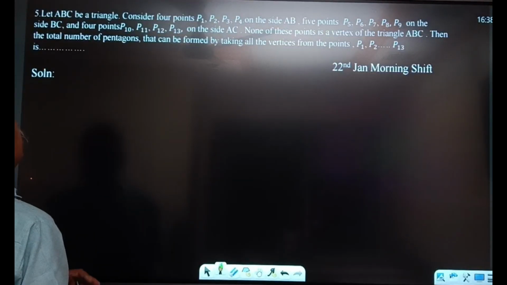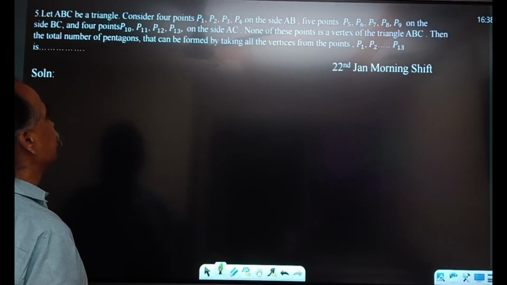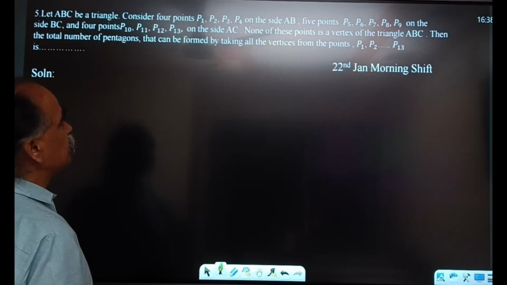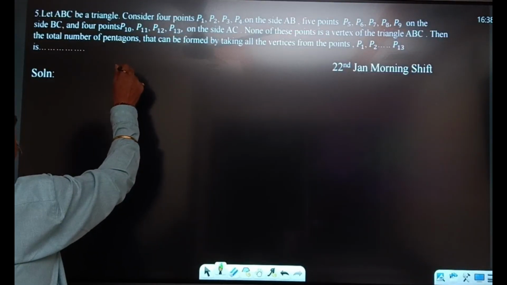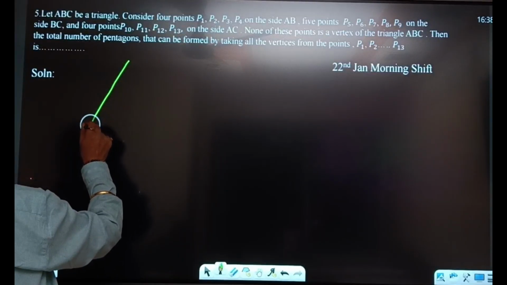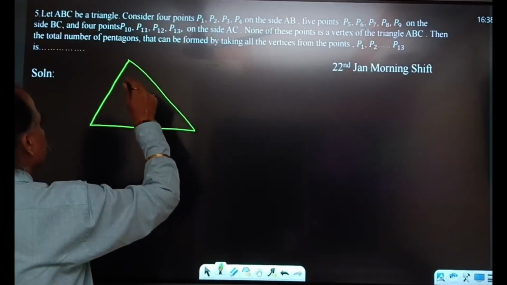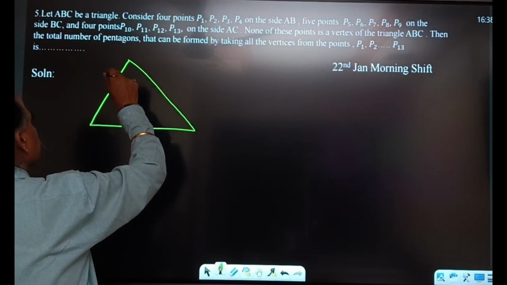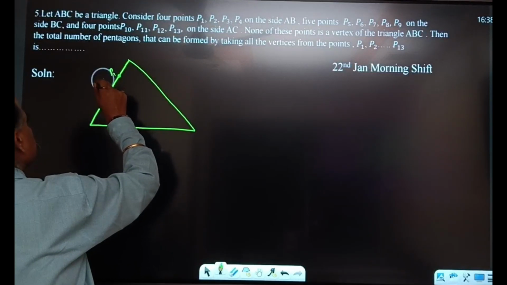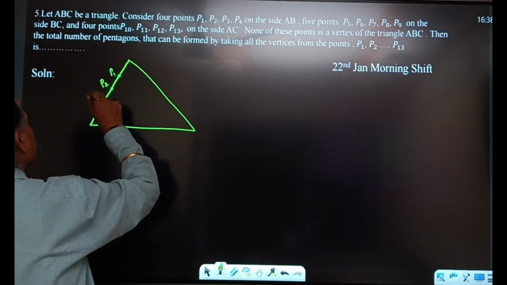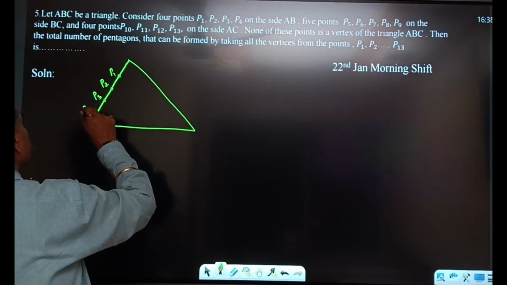Let ABC be a triangle. Consider 4 points P1, P2, P3, P4 on side AB. Let me draw the diagram. On side AB we have got P1, P2, P3, P4.